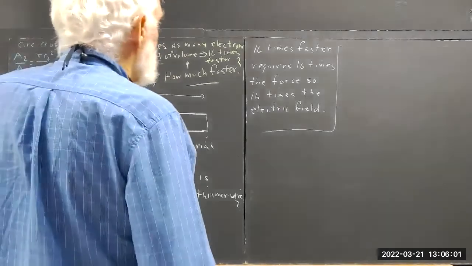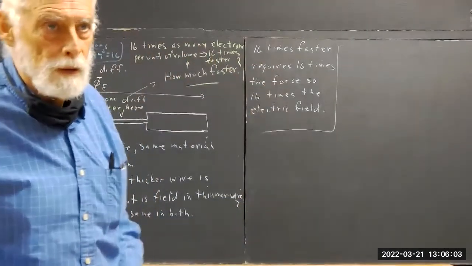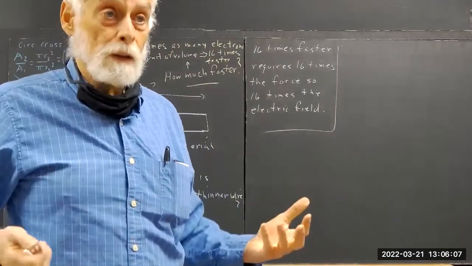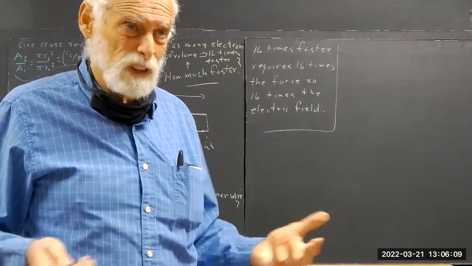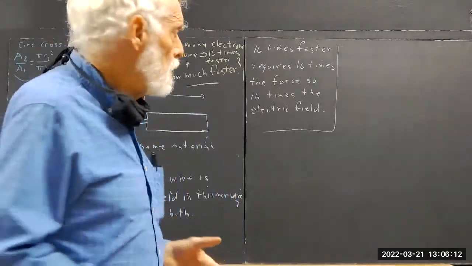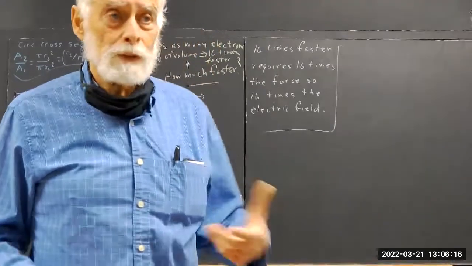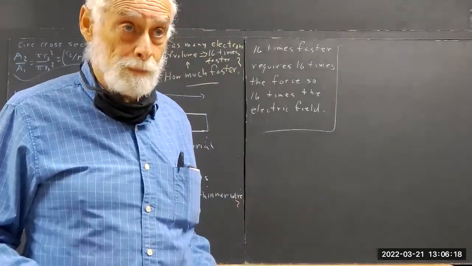And you can actually derive that. The distance these things travel before they collide and have to basically start over, on the average, is going to give you 16 times the acceleration.